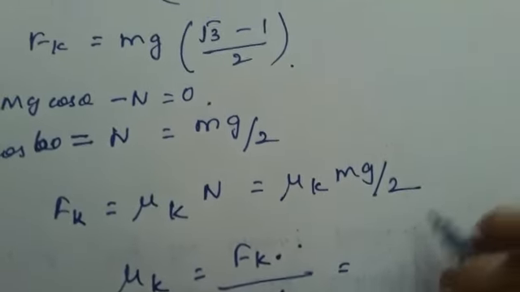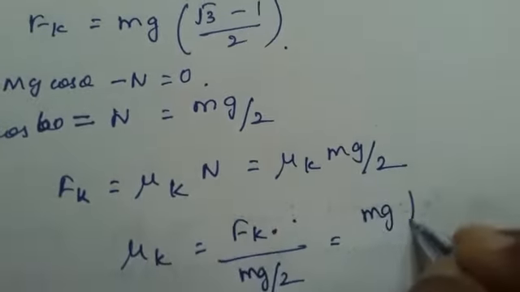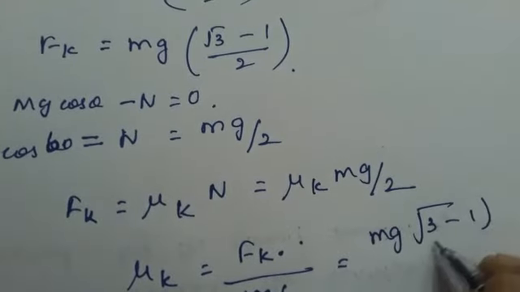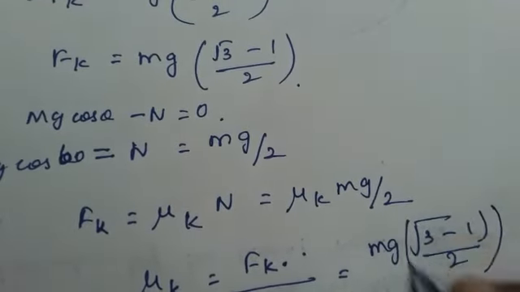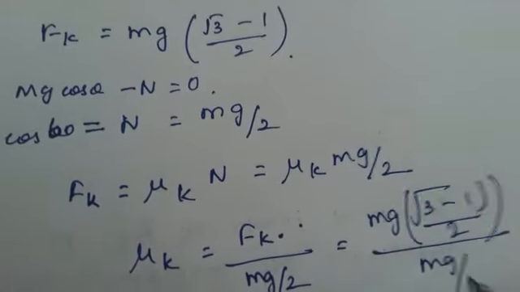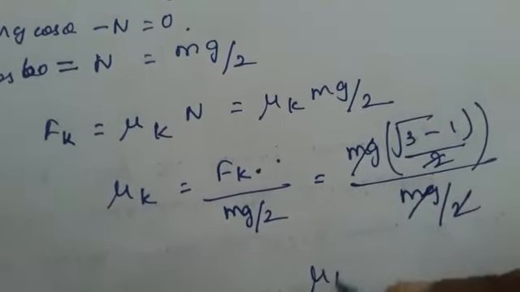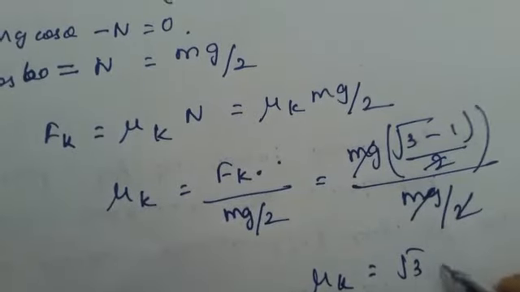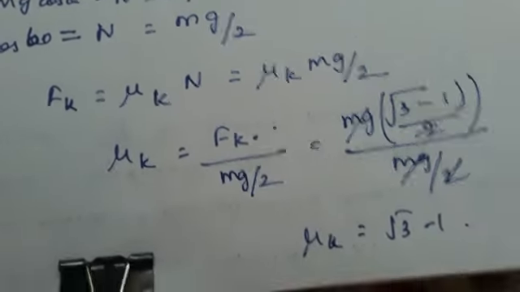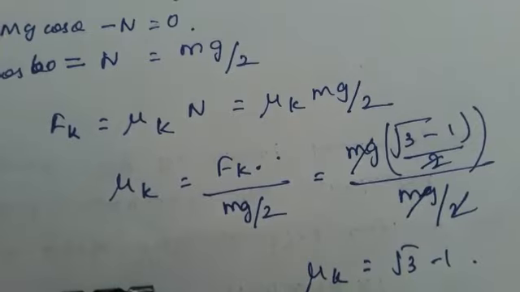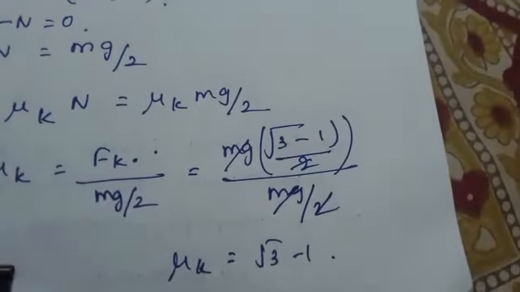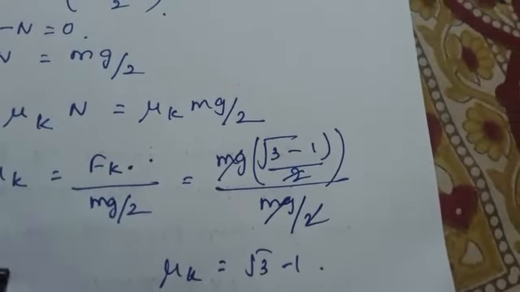What is your Fk? Mg into root 3 minus 1 by 2, divided by mg by 2. So mg and mg will get cancelled. 2 and 2 will get cancelled. So you'll be getting the mu k value as root 3 minus 1. Mu k is equal to root 3 minus what? 1.